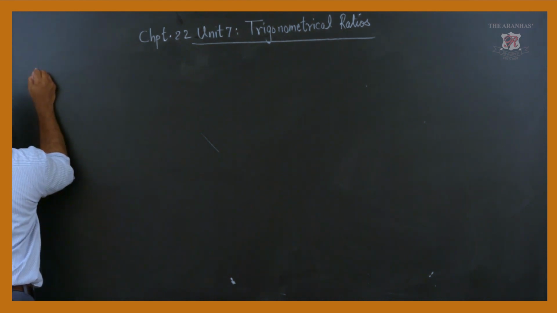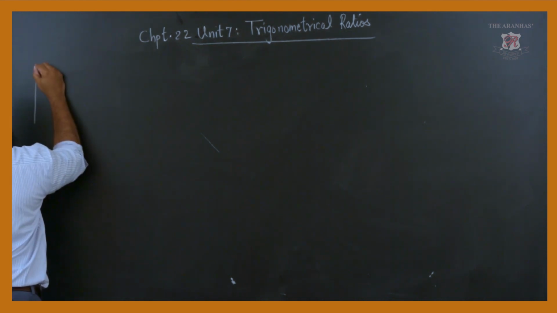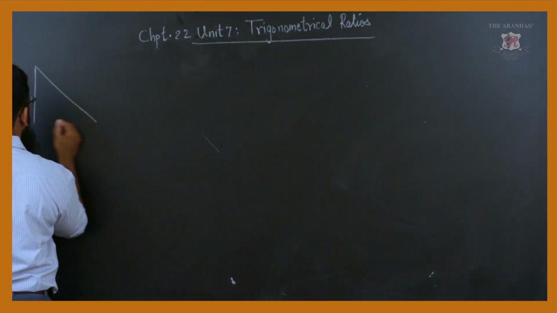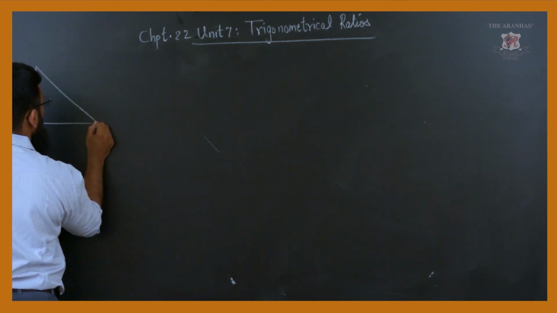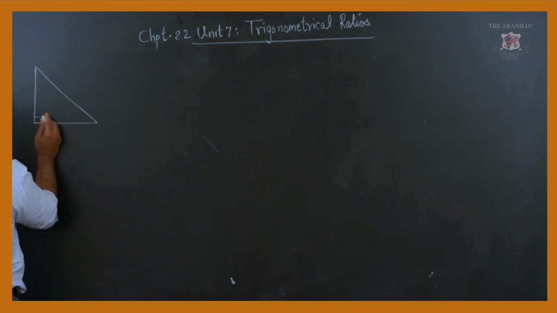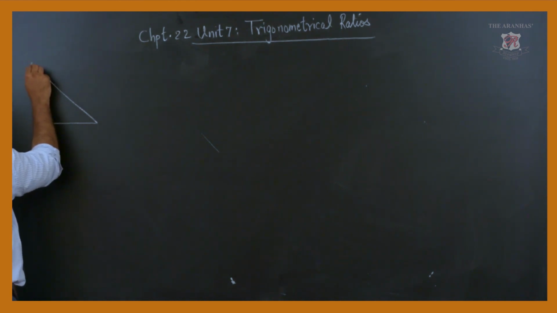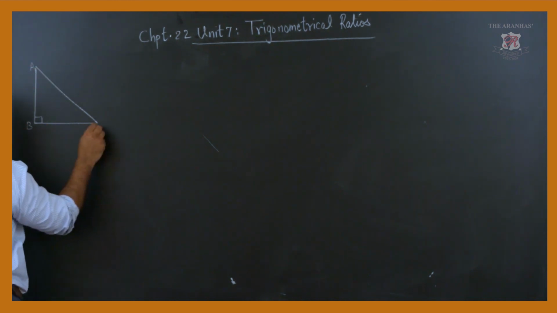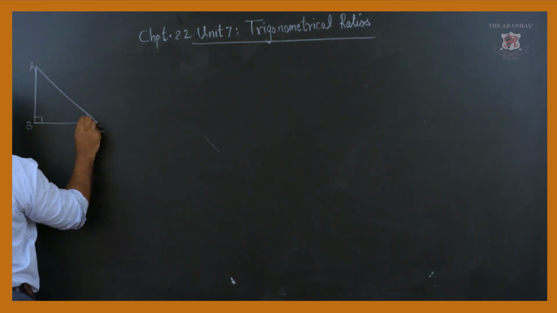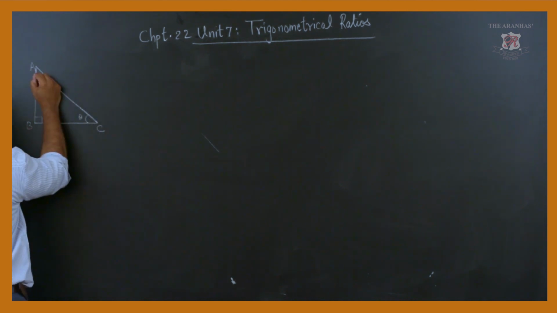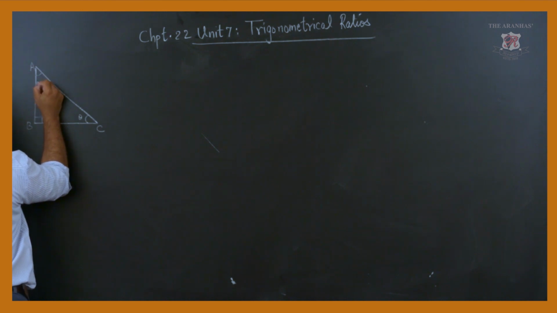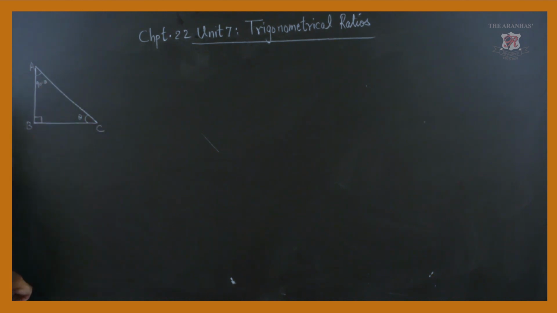Let us draw the triangle once again for our reference. This is A, B, C, this was angle theta, and if you want you can write this as 90 minus theta, otherwise not required because we are taking angle C as the reference angle.